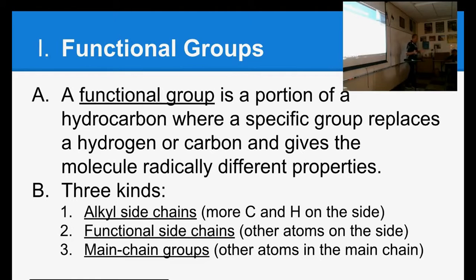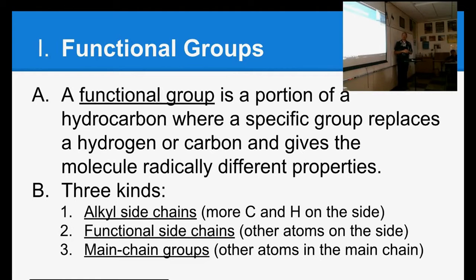It's still just carbon and hydrogen, but there's more of it, and it's not a straight line, okay? Then there's functional side chains, where there's something else besides hydrogen stuck to the side, like an oxygen, like a sulfur group, like a phosphorus group, like a nitrogen group. And those definitely change what the molecule does.